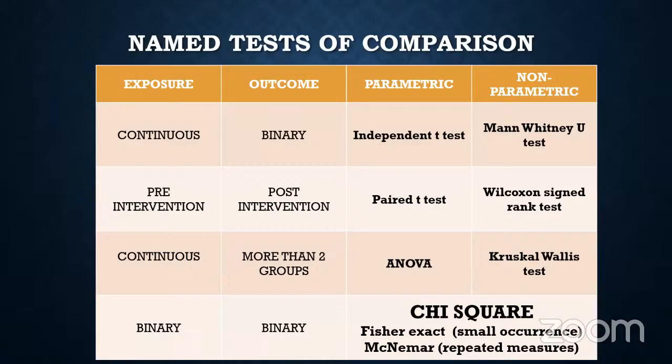Now, I just listed a few names of tests, which is just important to be aware of, so that when people talk about using the Mann-Whitney test, you know whether they've done it for the right comparing of outcomes. So whenever we compare two outcomes, we look at parametric or non-parametric, which means whether they are normally distributed or skewed distribution. And then you look at whether they are continuous or dichotomous input and output variables.